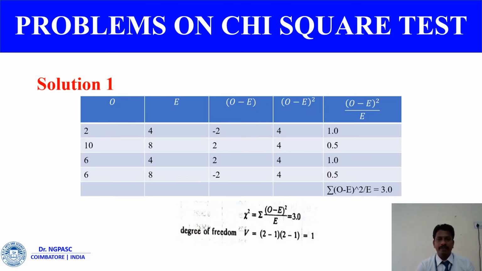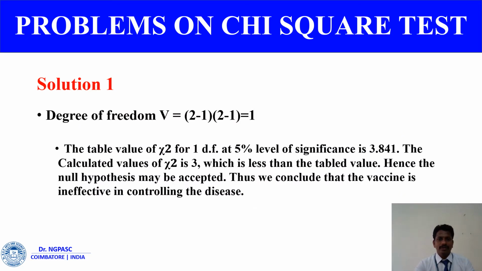The degrees of freedom in a 2 by 2 contingency table: v equal to number of rows 2, number of columns 2, (2 minus 1) into (2 minus 1), 1 into 1 is equal to 1. So the degrees of freedom equal to 1.